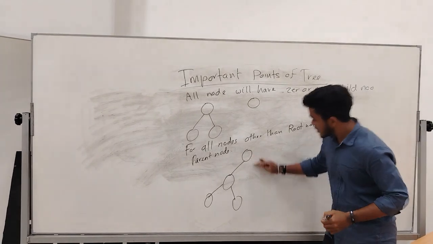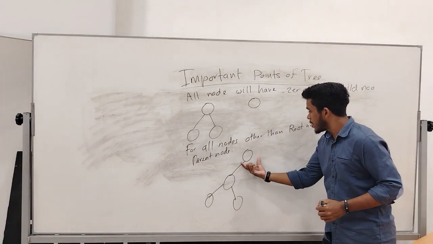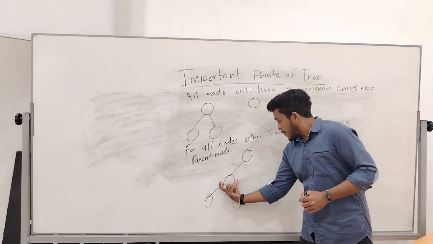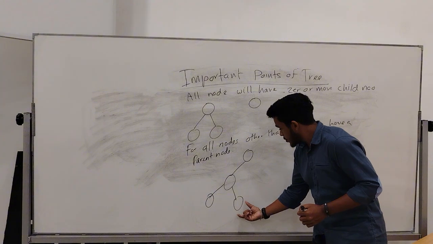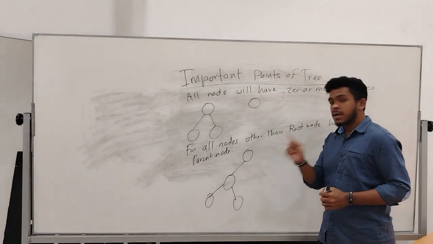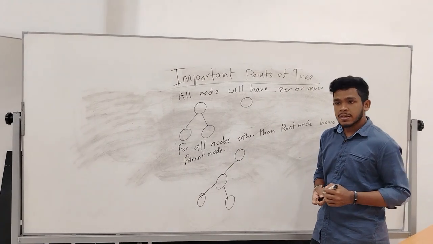In this tree structure, nodes have parents, but the root node doesn't have a parent.